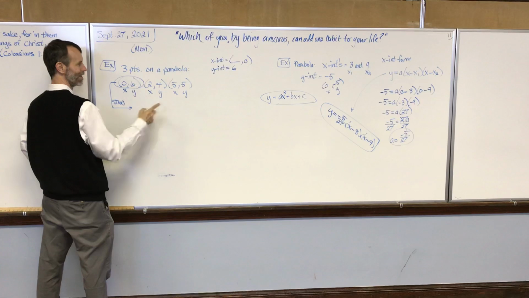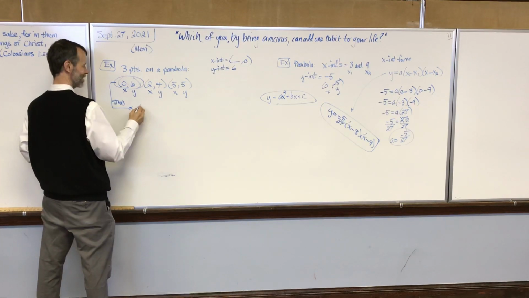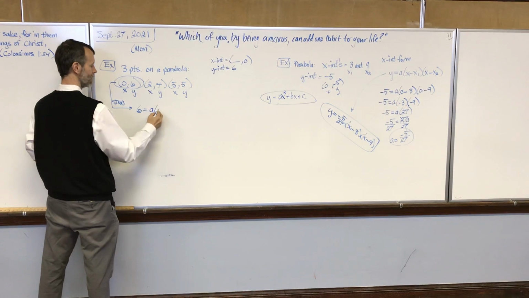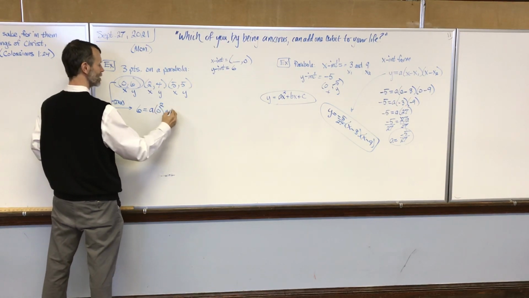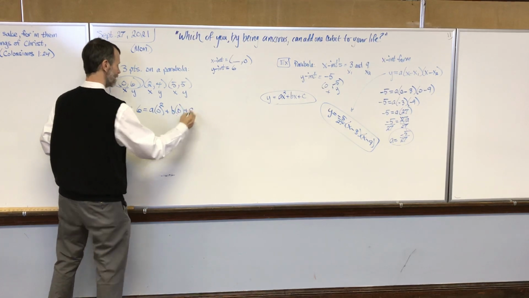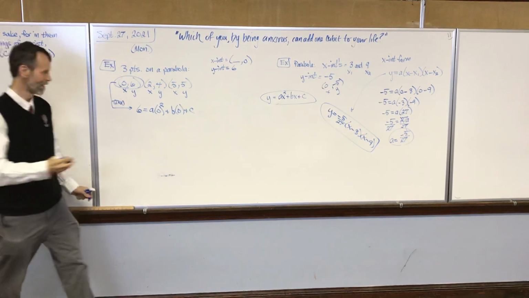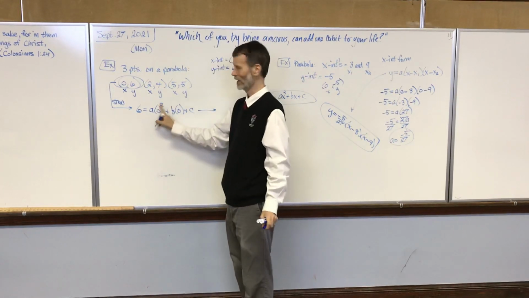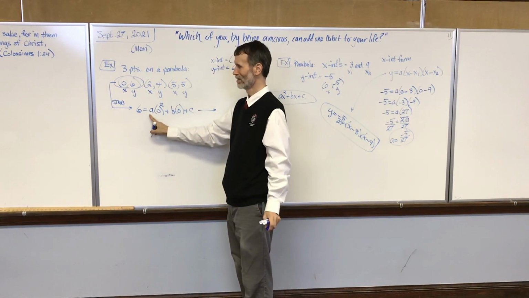What's y? Oh, 6. 6 equals a times 0 squared plus b times 0. Can you simplify that for me? What's 0 squared? 0. Times a? 0.